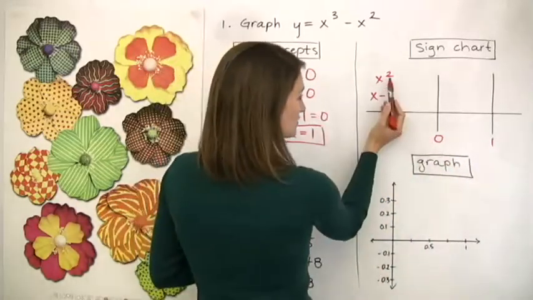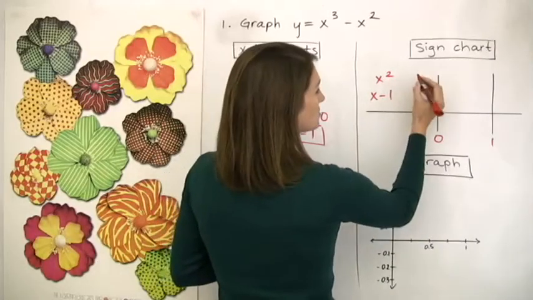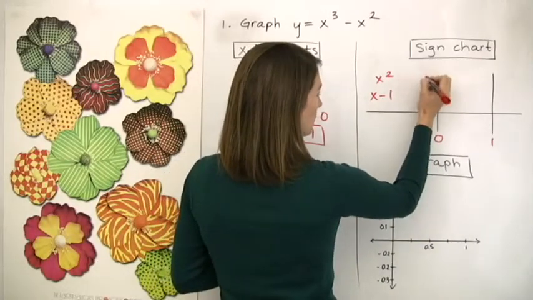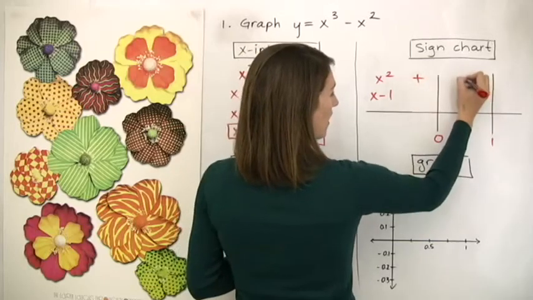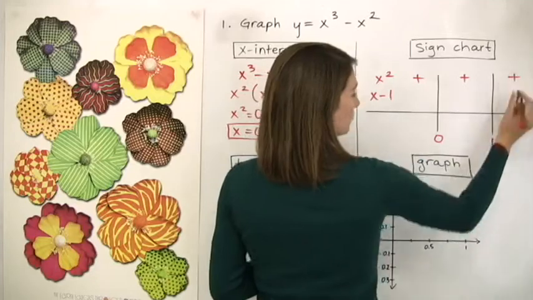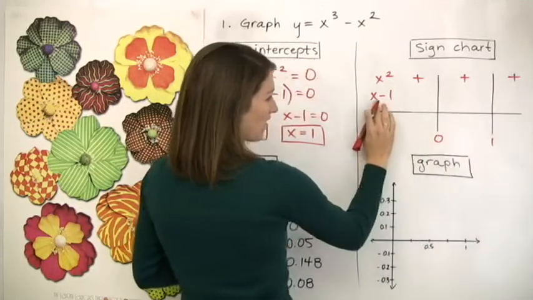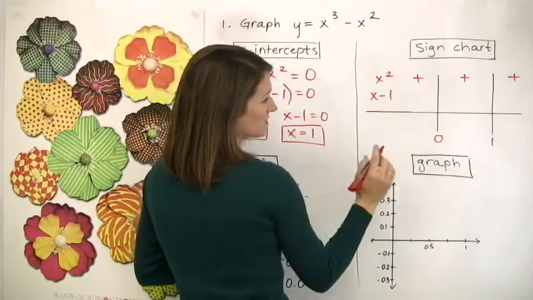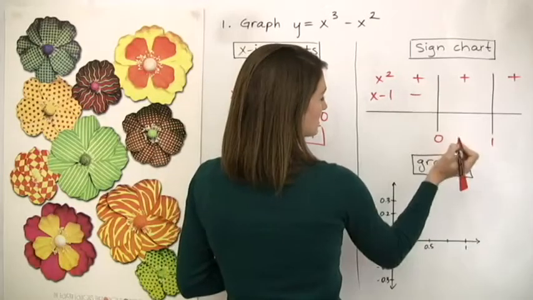So for x squared, our factors are going to be positive when they're less than 0. They're going to be positive when they're between 0 and 1, and they're also going to be positive when they're greater than 1. For our factor x minus 1, the sign is going to be negative when it's less than 0.